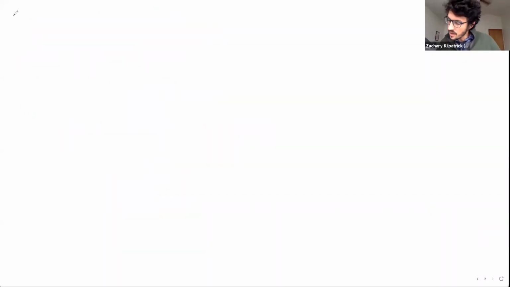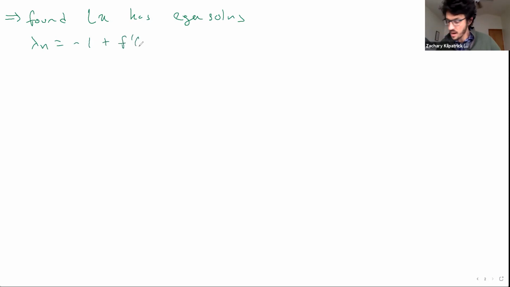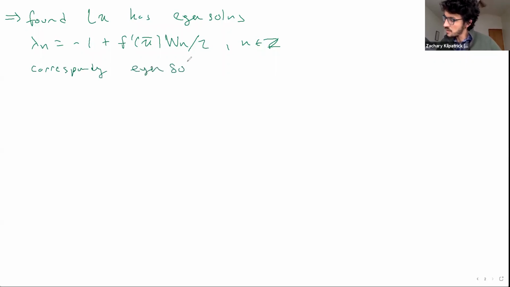Okay, and what we found is that L has eigen solutions given by lambda n is equal to minus 1 plus f prime of u bar times w_n over 2, where n can be all the integers, and our corresponding eigen solutions are going to be u_n equals cosine 2nx and sine 2nx.